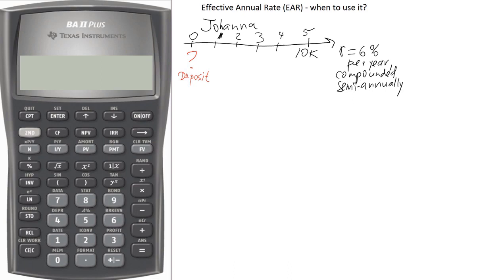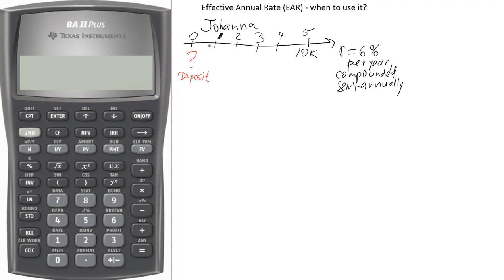And then that amount of money will earn another remaining 3% interest over this next half a year. And so the second time that the 3% interest is earned, it's earned not only on the deposited amount of money, but also on the interest that Joanna will have after the first half a year. So the interest gets compounded 2 times within a year.